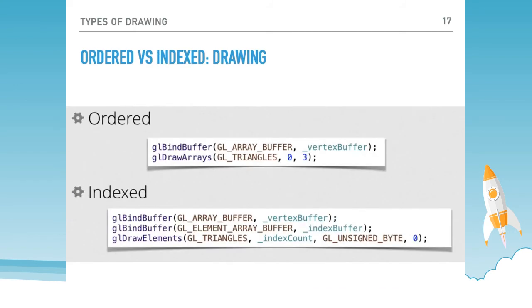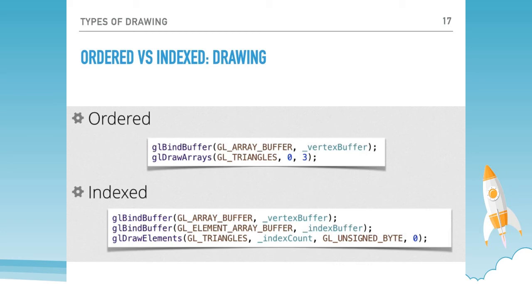Now let's take a look at the code for the order drawing and the index drawing. In order drawing, you have seen this: you bind the vertex buffer to the GL array buffer slot, and then you call glDrawArrays.